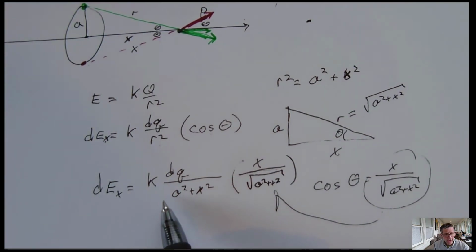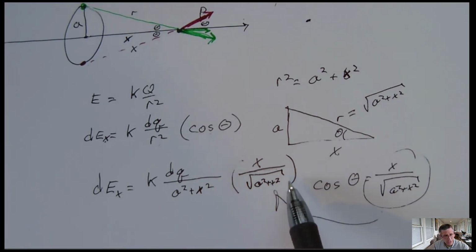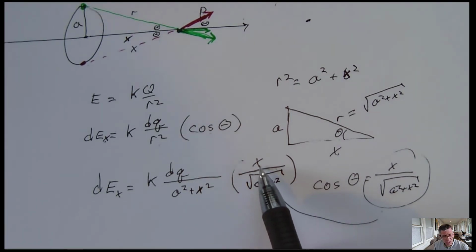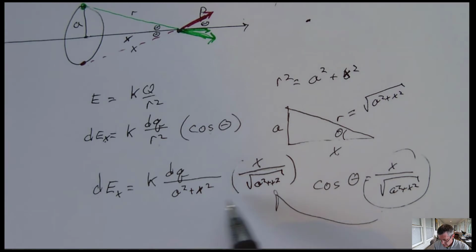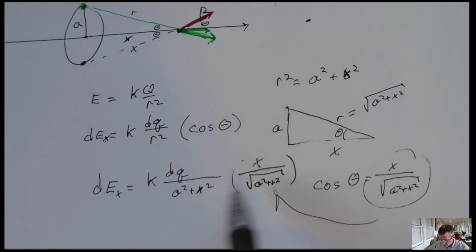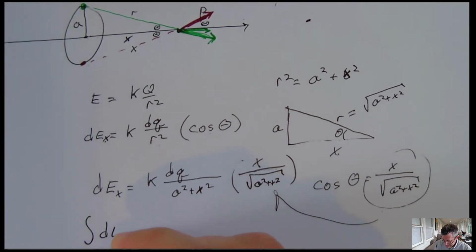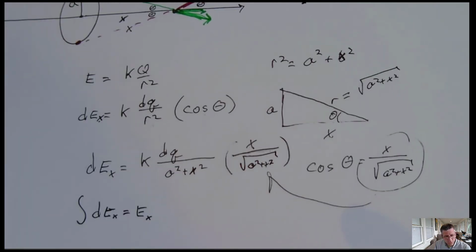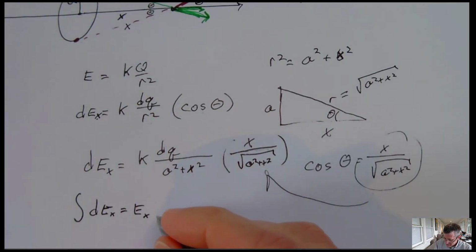And now what I want to do is add all these up. At this position x isn't changing. So at that position x is constant, and I'm going to pull this out. When I add up all of my dE_x's, I'm going to get the total electric field in the x dimension.